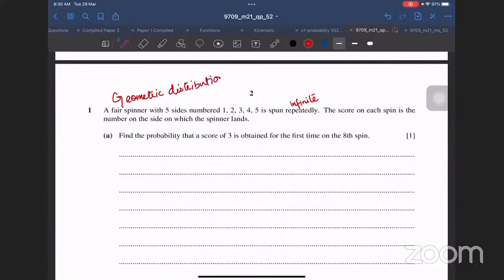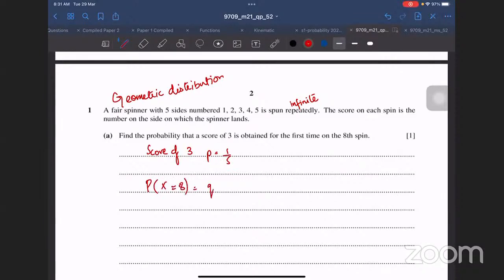It says find the probability that a score of 3 is obtained for the first time on the 8th spin. When it is a fair spinner, having a score of 3 has the probability 1/5, and I'm looking for the 8th turn.